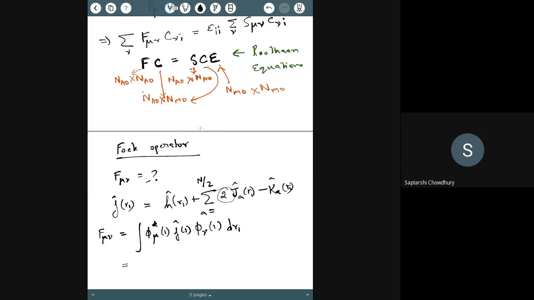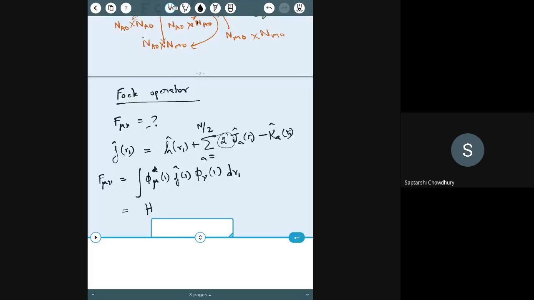So now I'm introducing some more terminology. The one electron integrals are called core integrals. And the two electron part needs to be evaluated. So what does that look like?